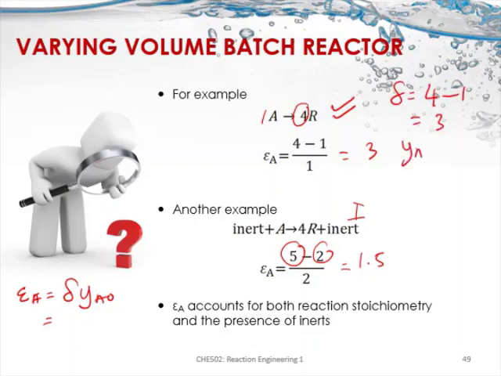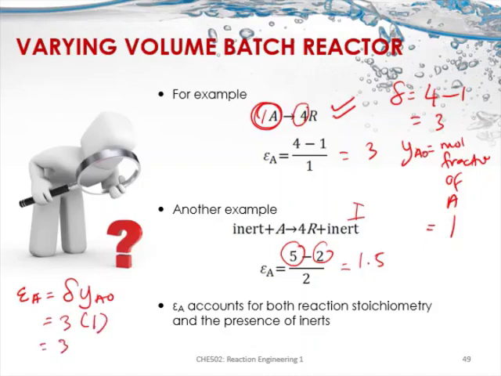YA naught is the mole fraction of A. In this case the reactant is pure A, so YA naught is equal to 1. Substituting, delta multiplied by YA naught is equal to 3.